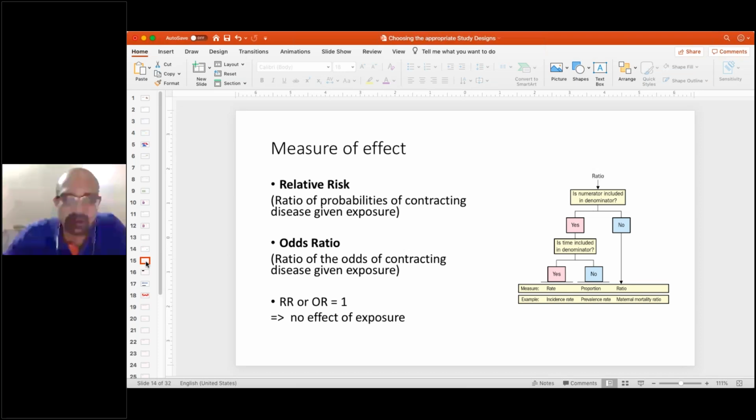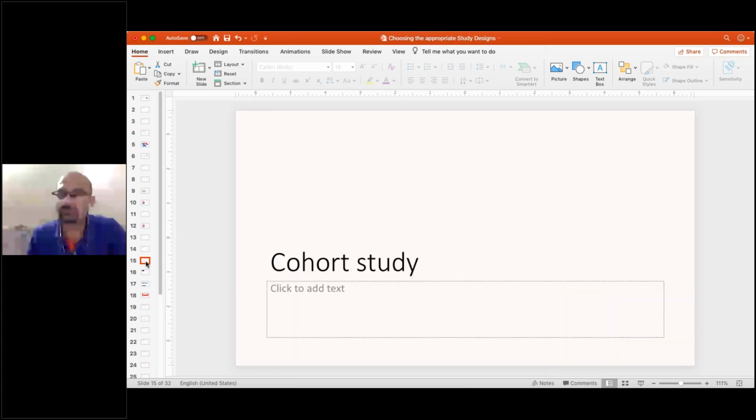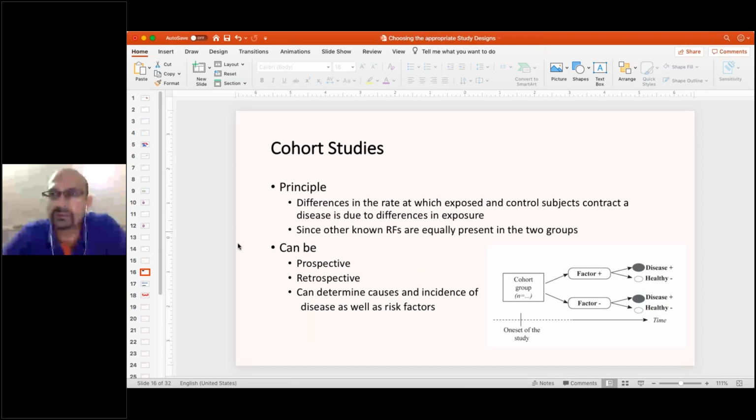I would go on to a cohort study. Ashish, can I share the slides if you want the animation to work? You already have the slides in the handouts.